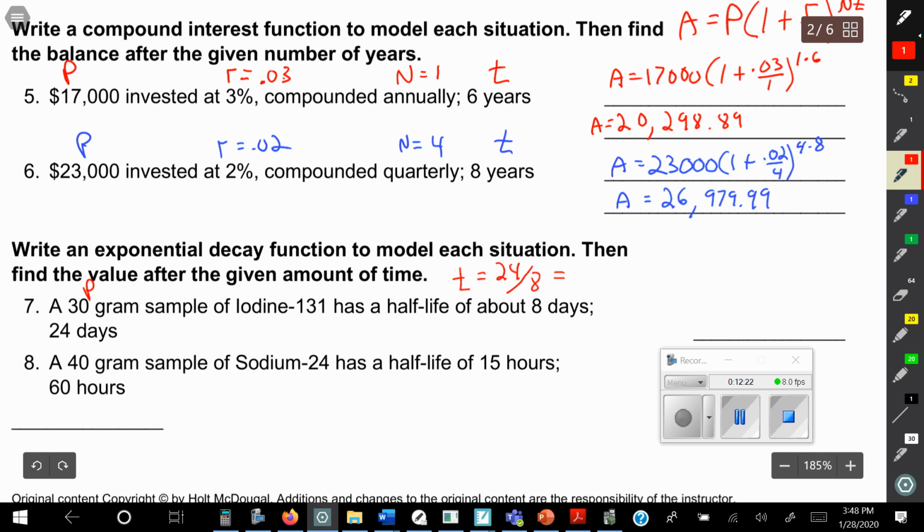And that'll get you your T, and you plug that into your formula, which is A is equal to P times 0.5 raised to the T. So take a look at this one and see if you can solve this one.